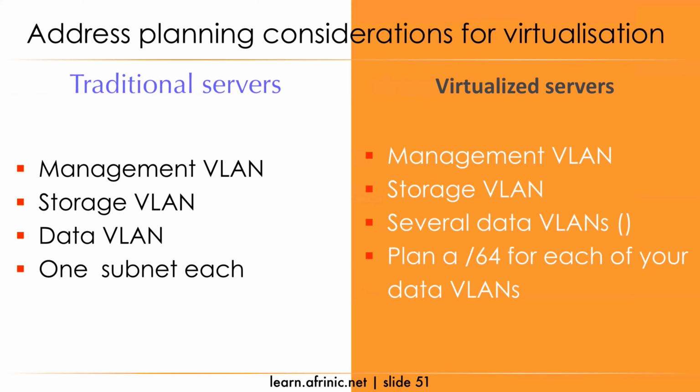And it means that you need to plan for a /64 for each of your data VLANs, especially when you're talking of servers. So if your server has various VMs in it, you might end up allocating your server a larger block than a /64, so that for the VMs in the server you can now allocate the relevant prefix length, the /64s.